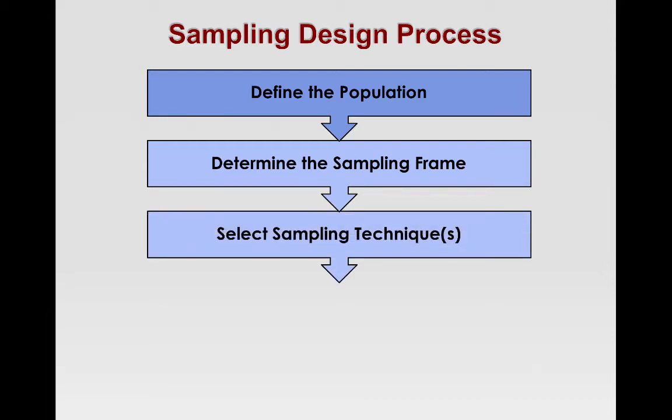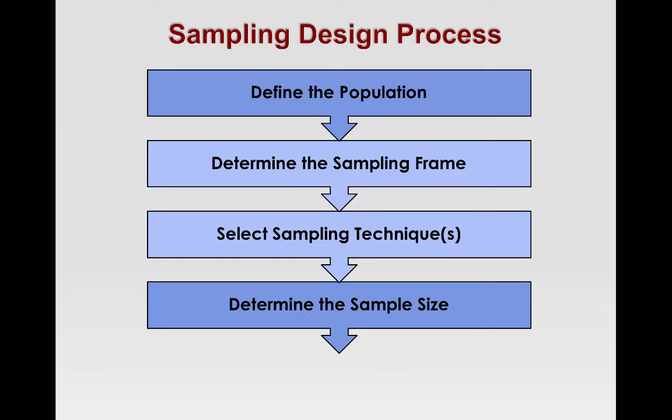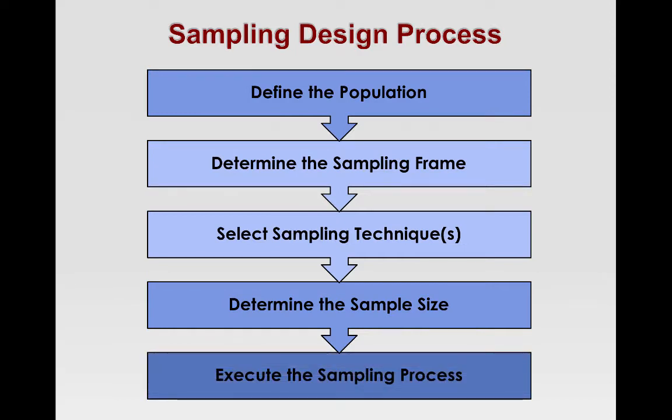Sampling techniques are applied to the sample frame to develop the eventual sample. The sample size is determined based on both quantitative and qualitative considerations. Finally, execution of the sampling process requires detailed specifications for each step in the process.